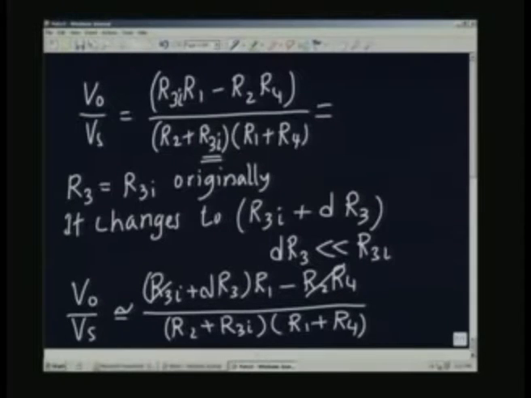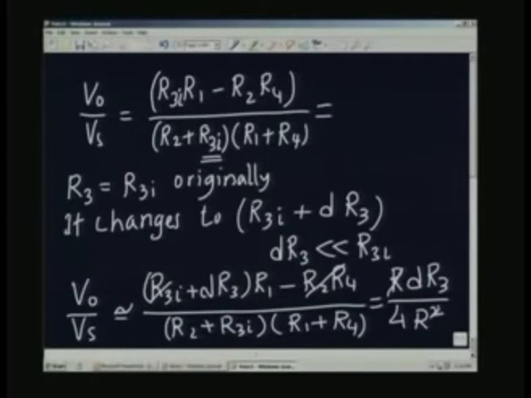So, you have R1 dR3, and now I will assume that all these R's are the same, equal to some value R. So, this is R into dR3 divided by R plus R, 2R, times another 2R, which becomes 4R squared, and one R will cancel off.